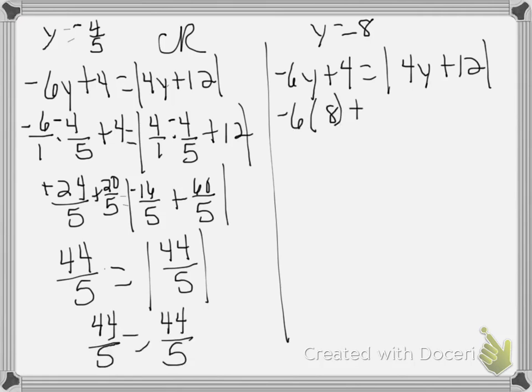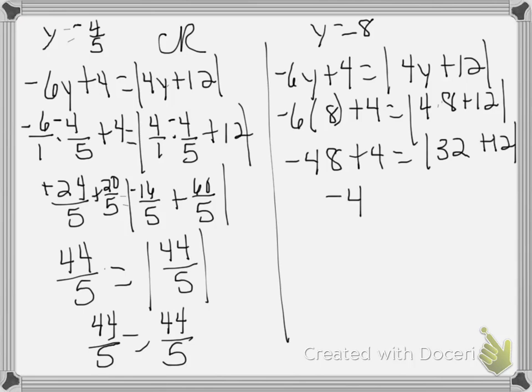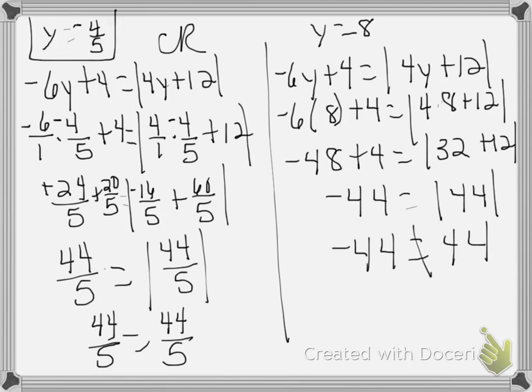So when I plug in 4/5, it works. Now I'm going to plug in 8. And it does not check. So I take off 8. 8 is not one of the answer choices.